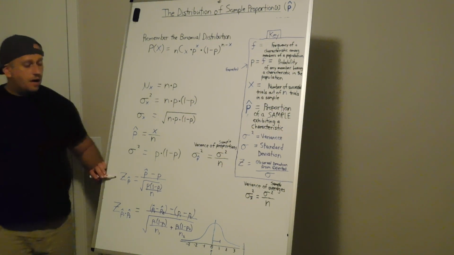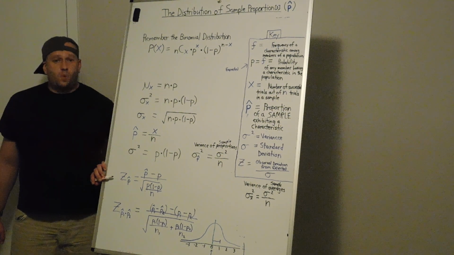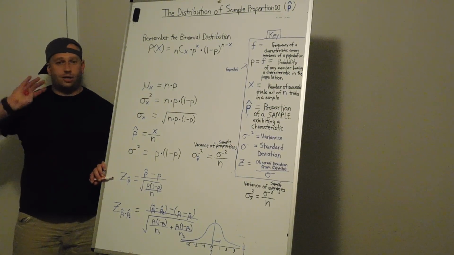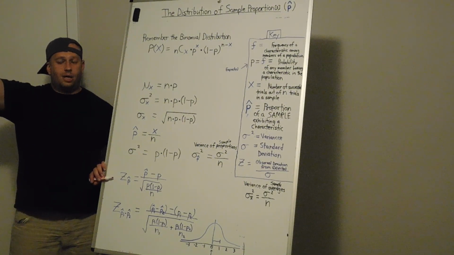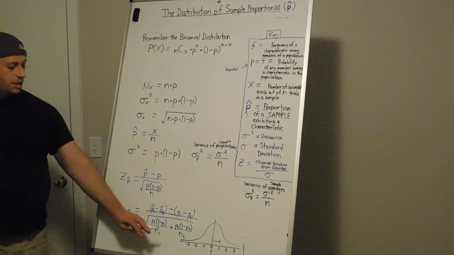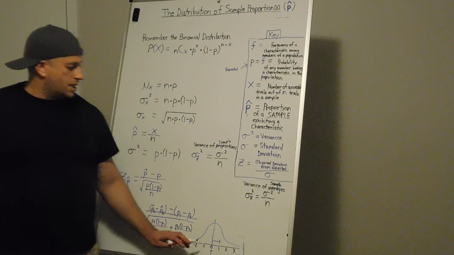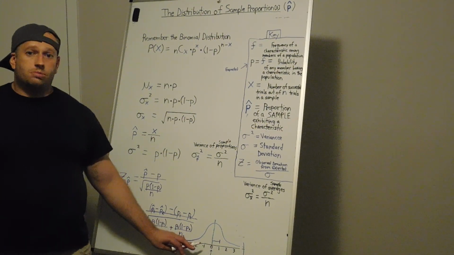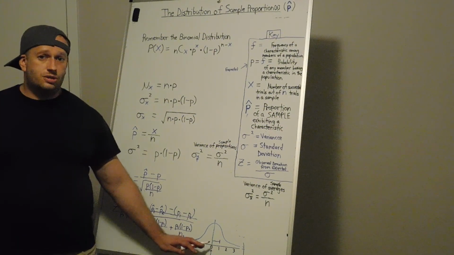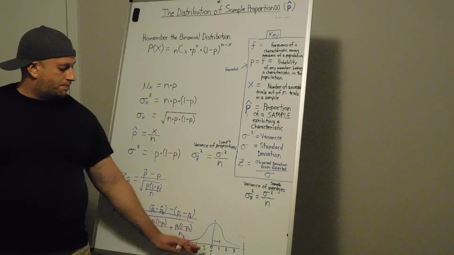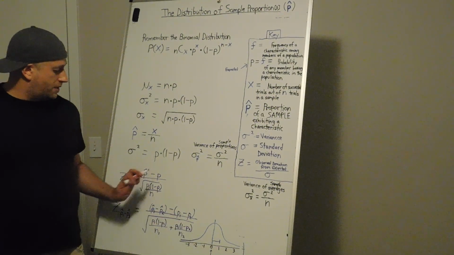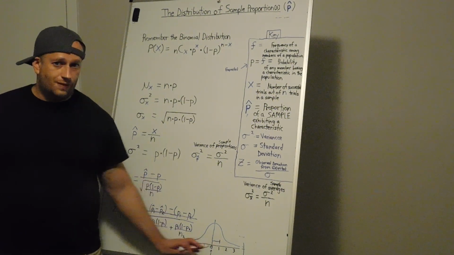So now we can get a z value for our actual proportion in our sample compared to the whole entire population, what we would expect. And we can look at the actual normal distribution now, and we can look at that z value in terms of standard deviations, which is what a z value is. That's the number of standard deviations away from the expected proportion, the p there. How far away is this from this, in terms of standard deviations?